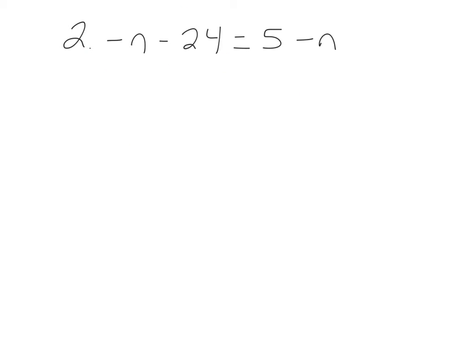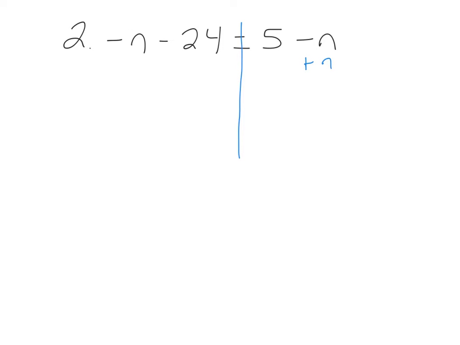On this next example, I just want you to notice our two n terms. They're both negative. Honestly, if you wanted to, you could cross them out right now since they're both the same type of n. However, I like to just move one of them, okay? So I'm just going to move the right one here.